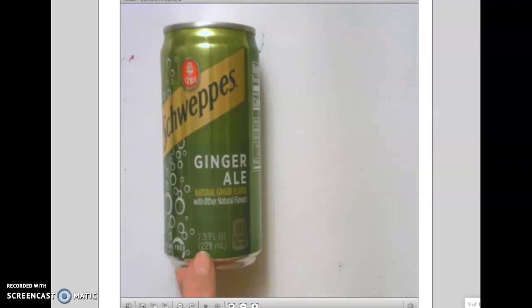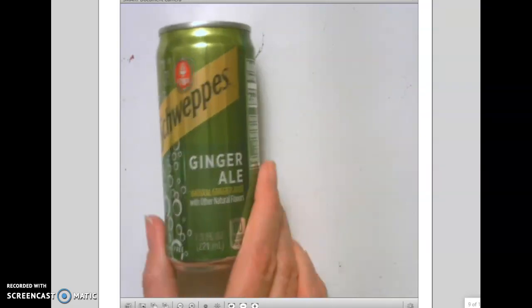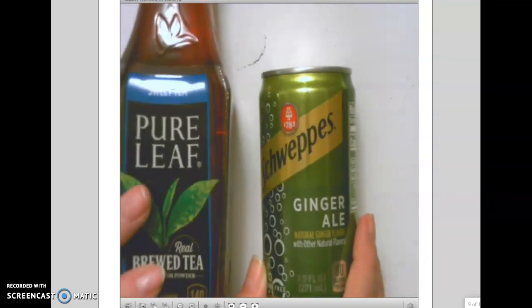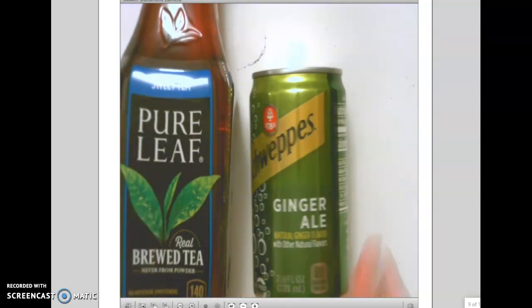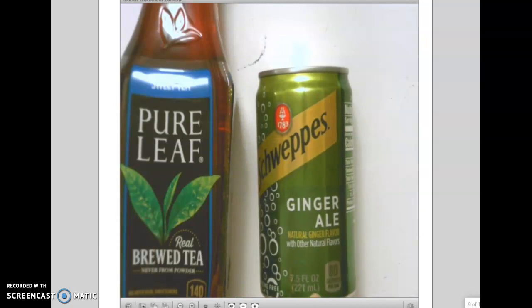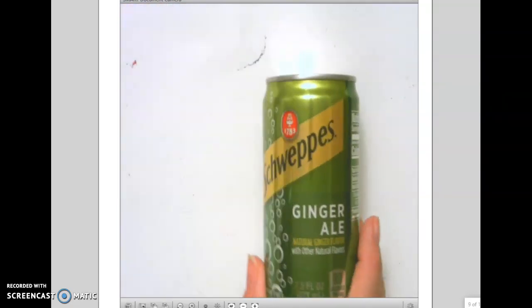It takes 1,000 milliliters to make 1 liter, and I only have 221 milliliters. So that's a lot less than a half of a liter. Liquid measure uses either the word capacity or volume.